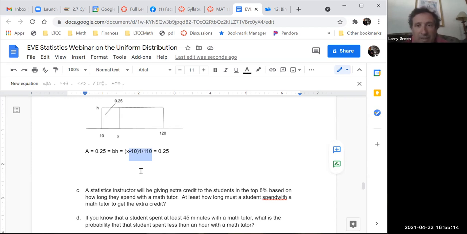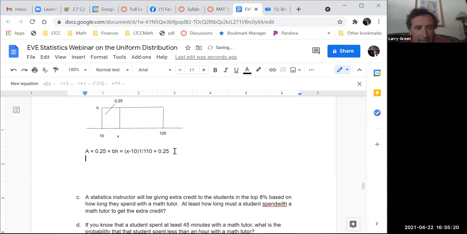Yeah, multiply each side by 110. So I'm going to multiply each side by 110. And when I do that, I get X minus 10 is equal to 0.25 times 110.